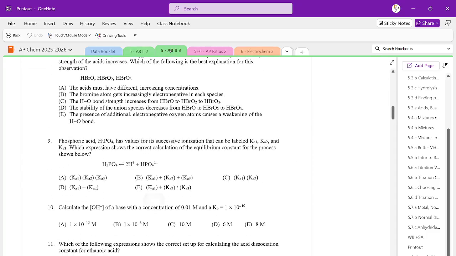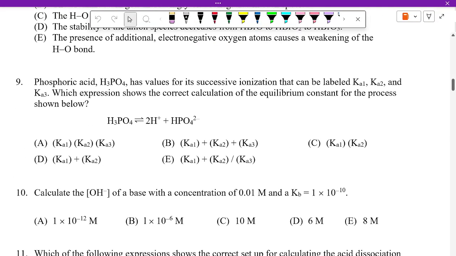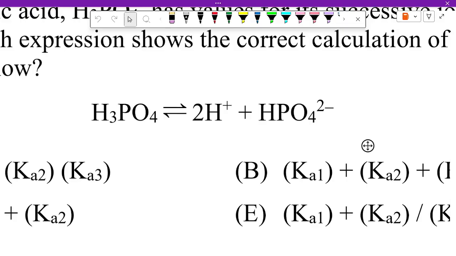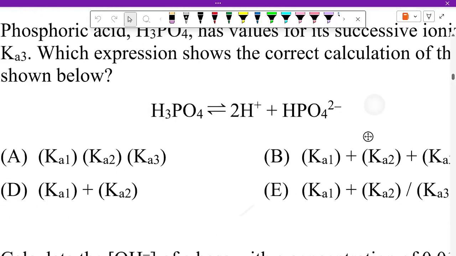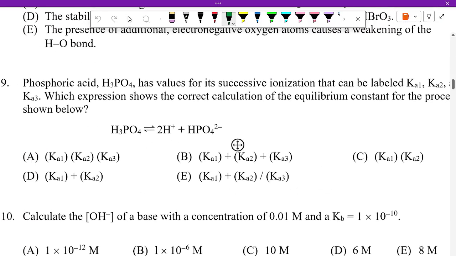For number 9 on that AP review, we have phosphoric acid, and in this case, how many hydrogens have come off? 2 of them. So are we looking at all 3 ionizations? No, we're just looking at the first 2. So it's going to be Ka1 times Ka2, because when you add those 2 together, you'll get that.